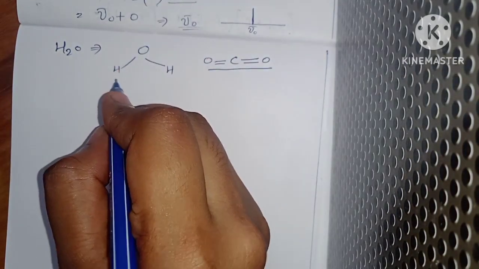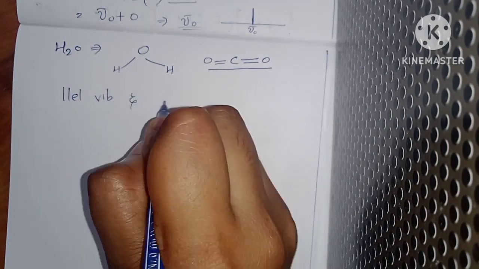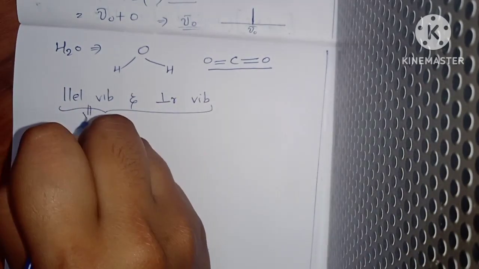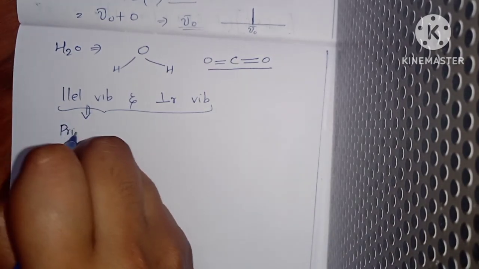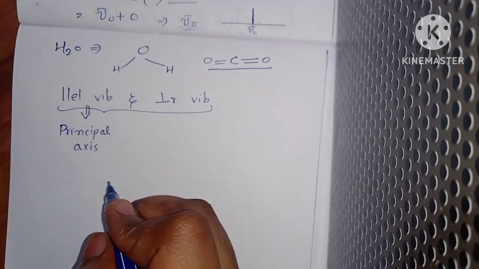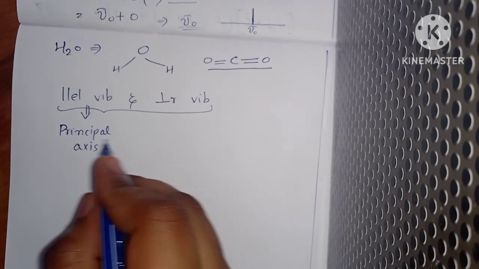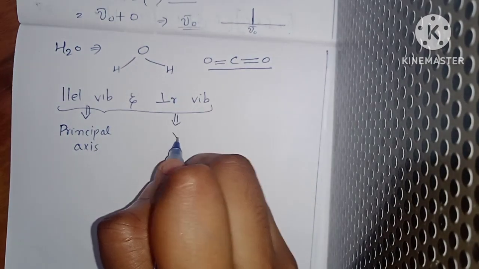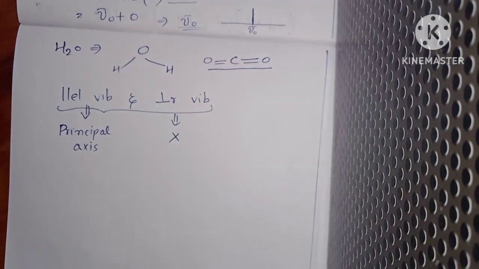So we have to study what a parallel vibration is and what a perpendicular vibration is. A vibration is said to be parallel if its principal axis is maintained, which comes from group theory: the main axis of rotation of the molecule. If that principal axis is not maintained before and after the vibration, it is called a perpendicular vibration.